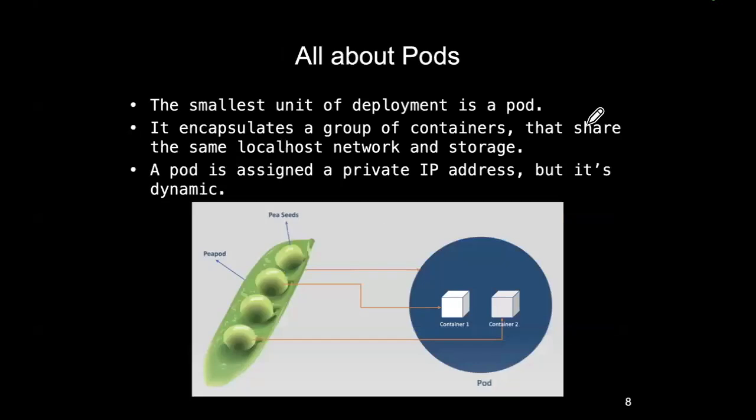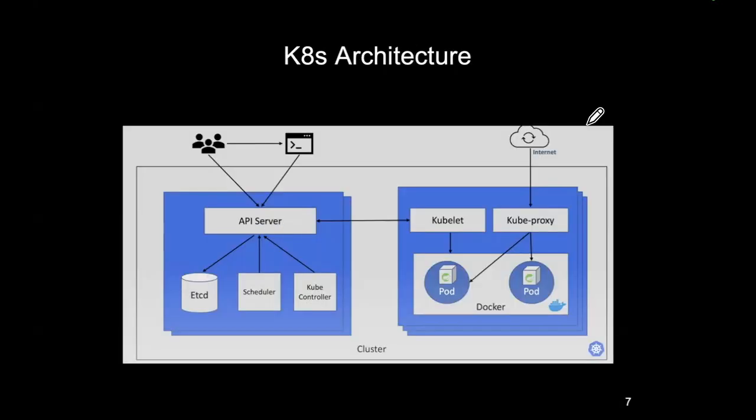Now, let's go back here actually. We don't talk about containers in the Kubernetes world. We talk about pods. So anytime you hear the word pod, you can effectively, in your own mind, replace that with container. So a pod is just a wrapper. Okay, it's an abstraction of a container.